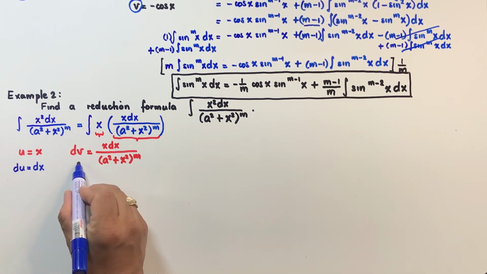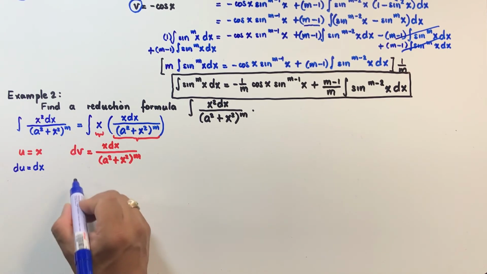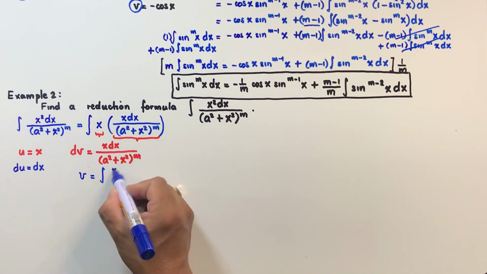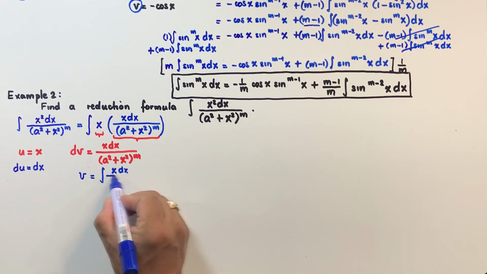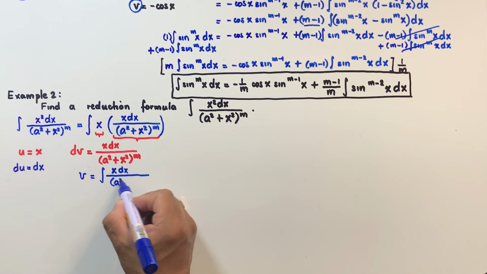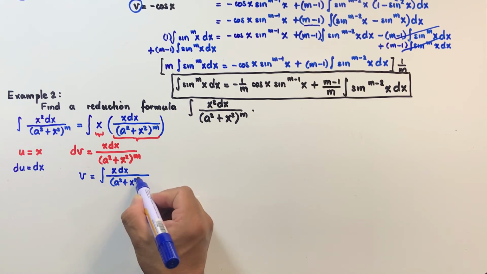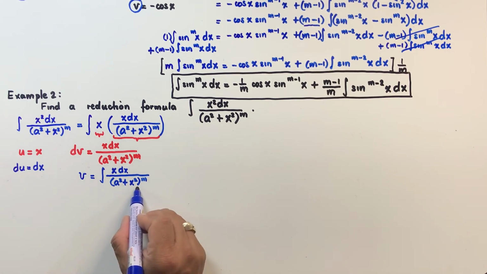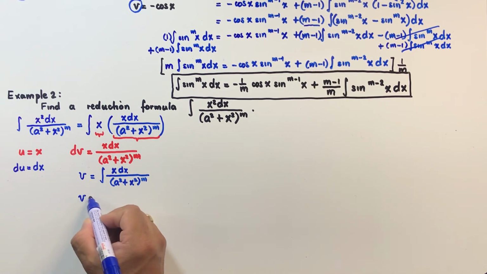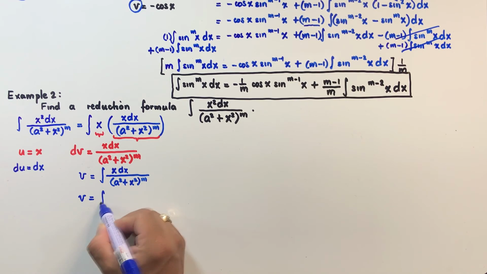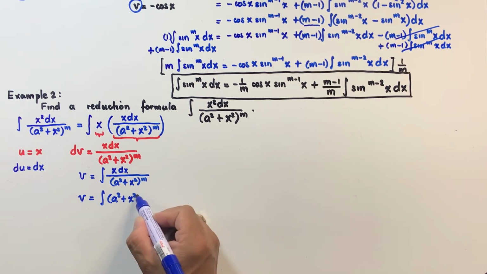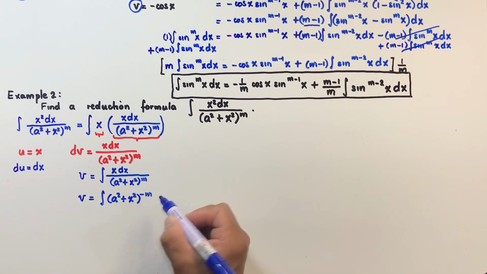And for our v from dv, we need to integrate x dx over the nth power of a squared plus x squared. Moving this denominator to the numerator, we have the integral of a squared plus x squared to the power negative m times x dx.